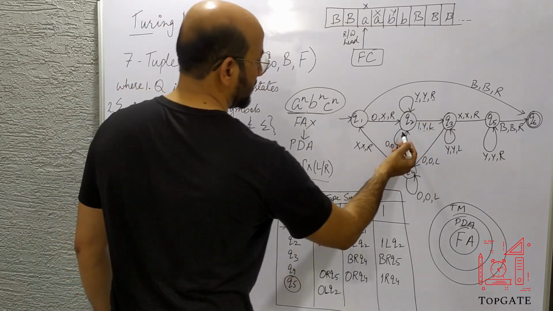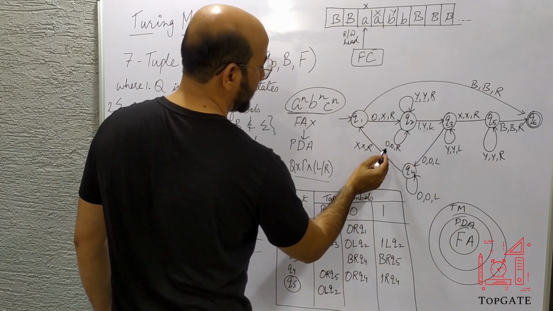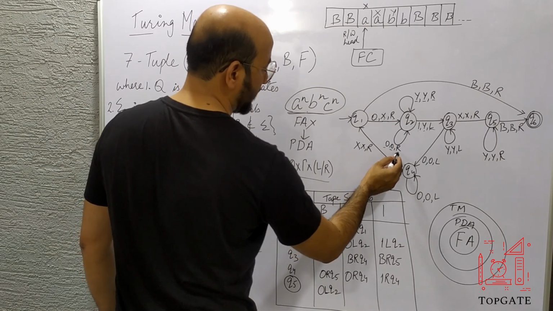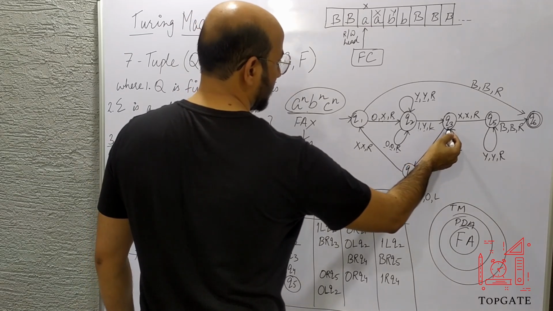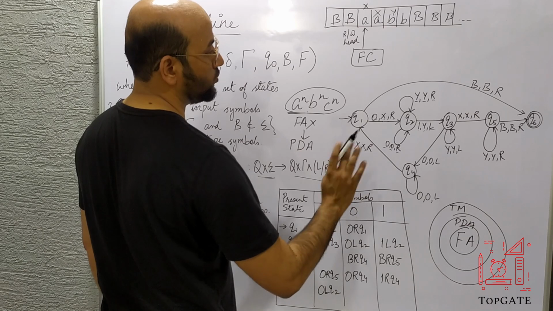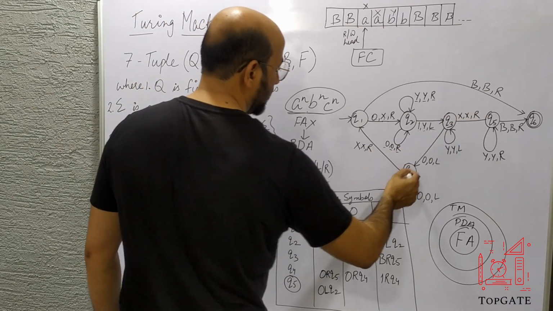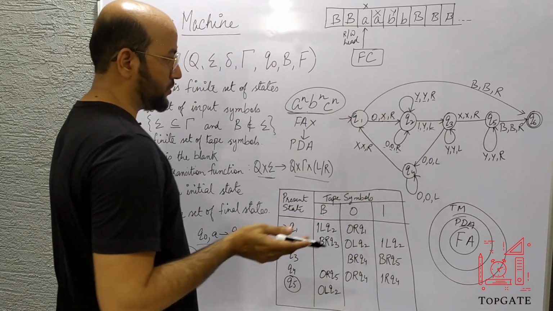On Q2 I again have one more transition, when I read input symbol 0, it is changed to 0 and the head moves to the right. Similarly, at Q3 we have three transitions: one to Q5, one self loop on Q3, and one to Q4. In this way we read this particular Turing machine.